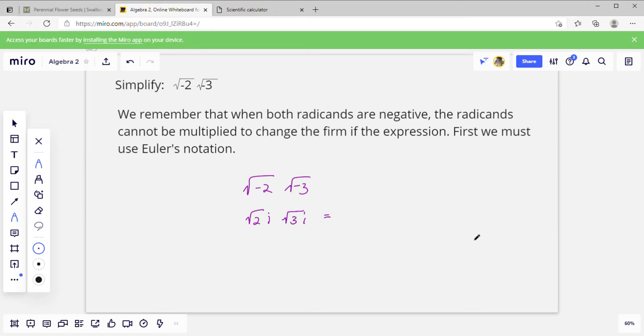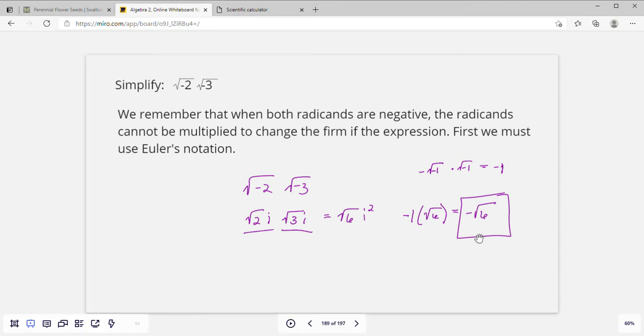Then I've got the square root of 6i squared. i squared would be the square root of -1 times the square root of -1, which is going to be negative 1. So that will be -1 times the square root of 6, and that's going to be negative square root 6. Alright. It is important to break them down like this. Don't just try to look at it and figure it out.